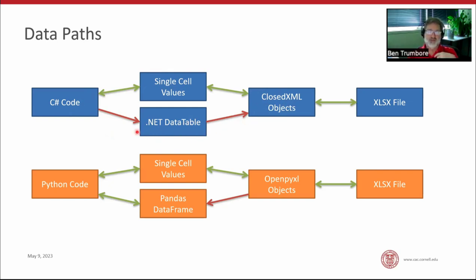So that's a convenience function, and it is quite convenient if you're working with SQL Server databases. When you're using C# code and you get data back from a query to a SQL Server, it's usually in this DataTable format. So you just pass it right in as a whole new worksheet, and you have to write very little code to get that data into an Excel file.